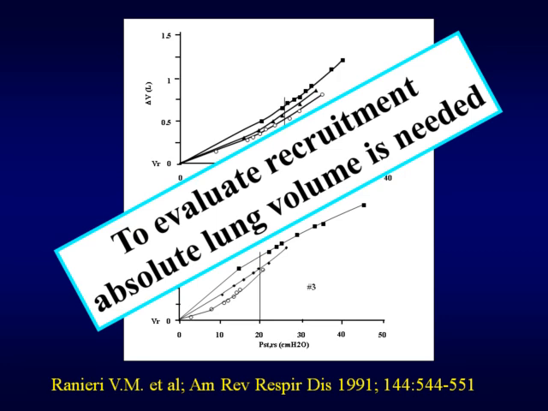Because ideal body weight is very important, but the size of the lung I am ventilating is also more important, because it's a major determinant of the end inspiratory pressure.